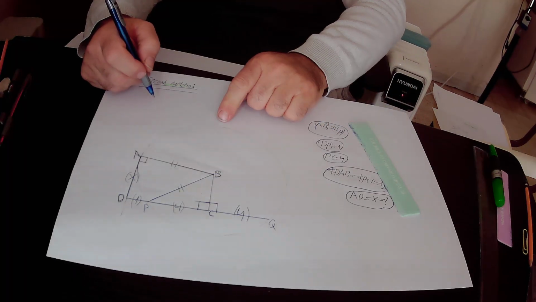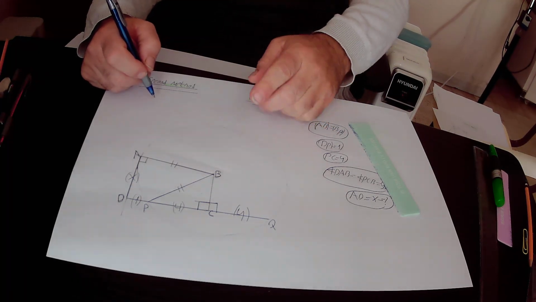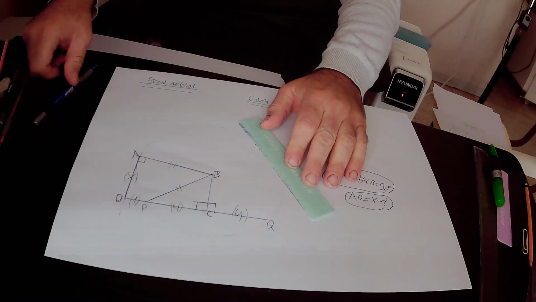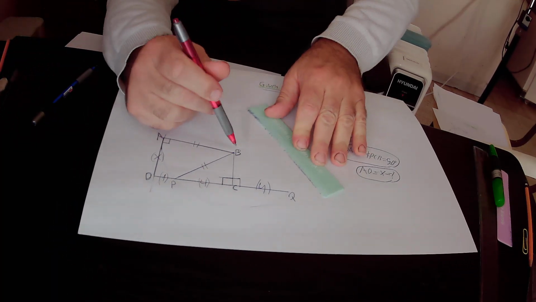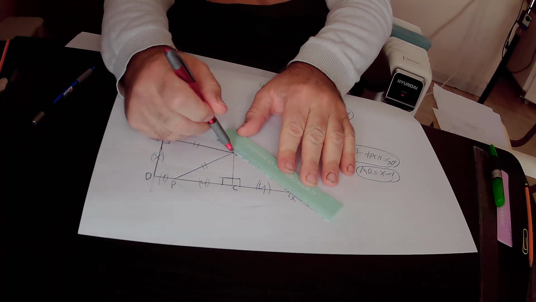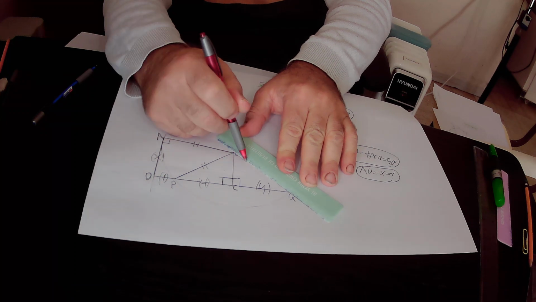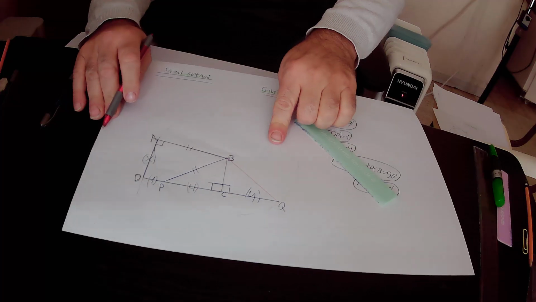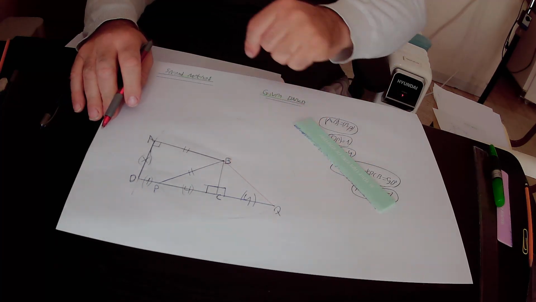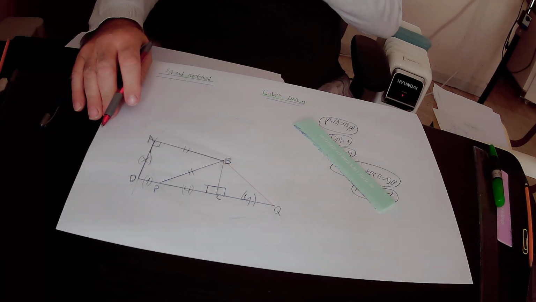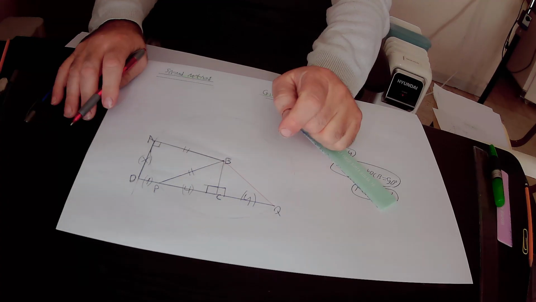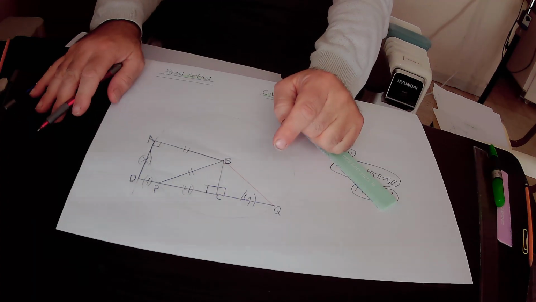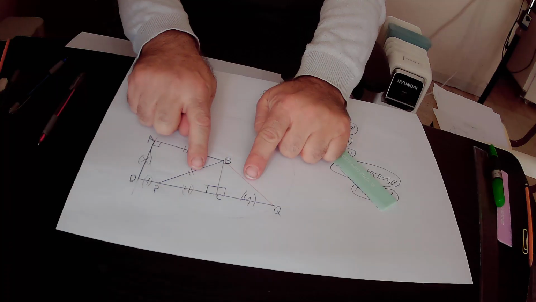In the next step, we will join points B and Q together by a straight line. By joining points B and Q, we get the right triangle BCQ. So in the next step, we will prove that those two right triangles are congruent according to the side angle side rule.